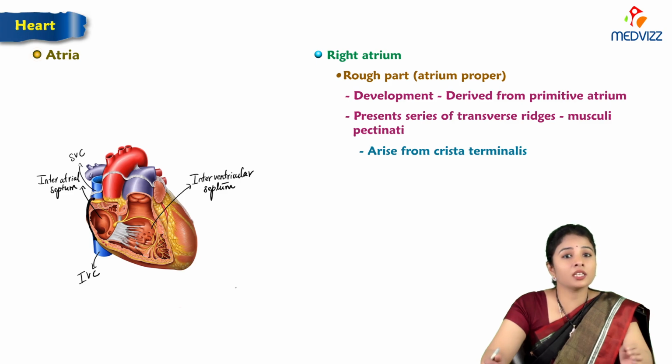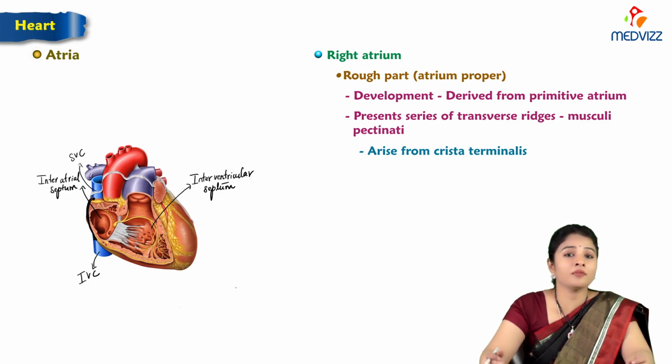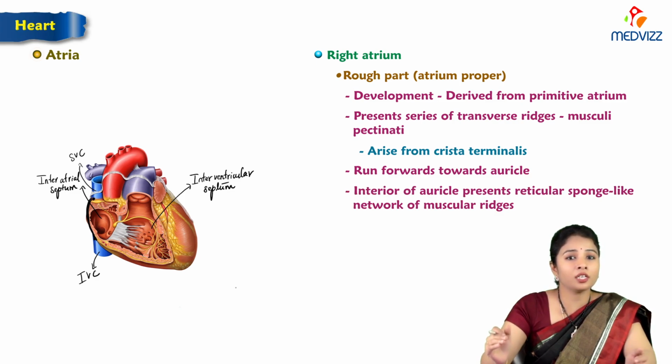The crista terminalis is a muscular ridge between the superior and inferior vena cava within the right atrium, and it runs forwards. The musculi pectinati run forwards towards the auricle, where the interior of the auricle presents a reticular, sponge-like network of muscular ridges.